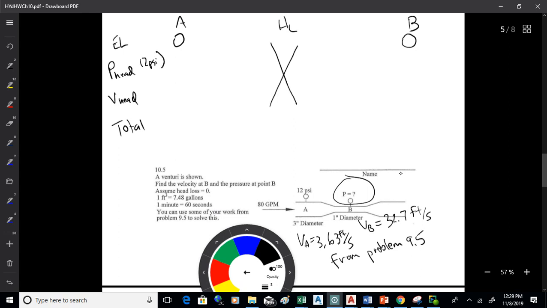The pressure head will be the pressure times 2.31 feet per psi. And so that'll get you the pressure head, and that comes out to be pretty big. That's 27.7 feet.